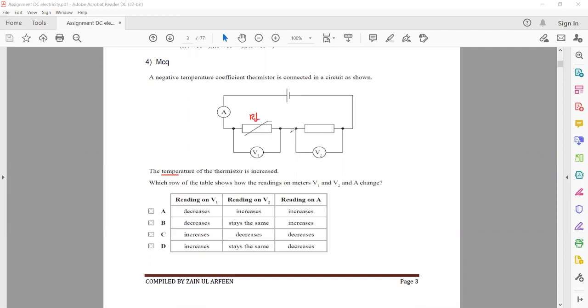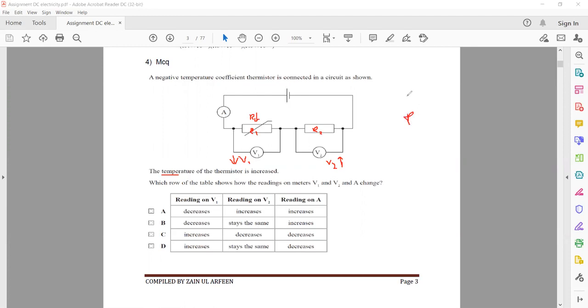And because it's a voltage divider circuit, if the resistance here decreases, the voltage here will decrease in comparison, because the total sum of V1 and V2 will be constant. So if the V1 value is decreasing, the V2 value will increase. And what about the current in the circuit? The combined resistance is the resistance of the thermistor plus the resistance of the fixed resistor.